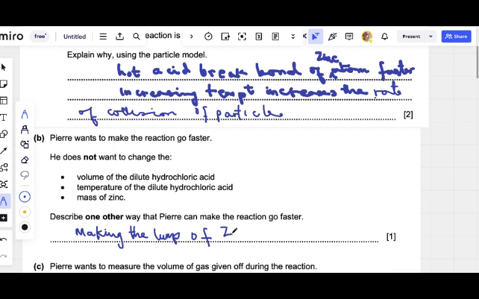If you don't want to increase temperature, volume or mass, but you want to increase the rate of reaction, then you should increase the surface area of the substance by making the lump of zinc in powder form.